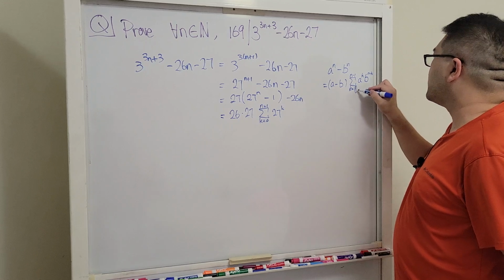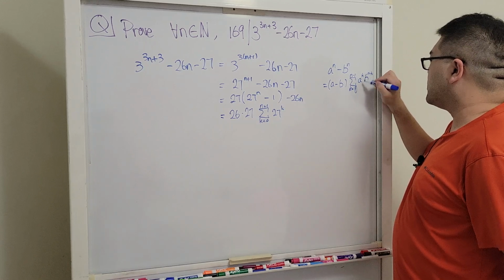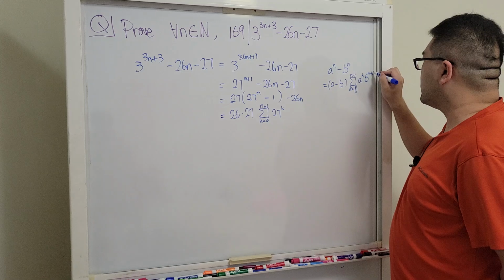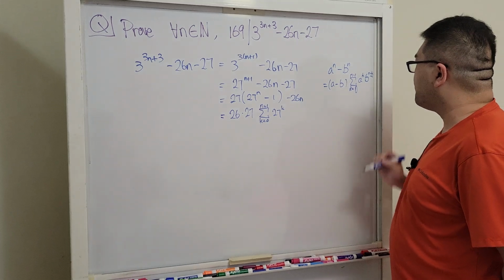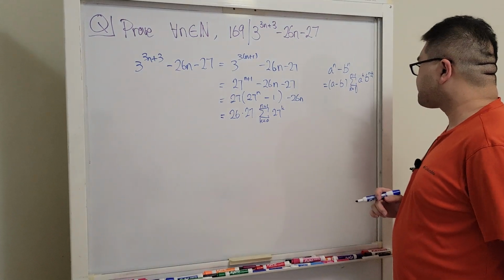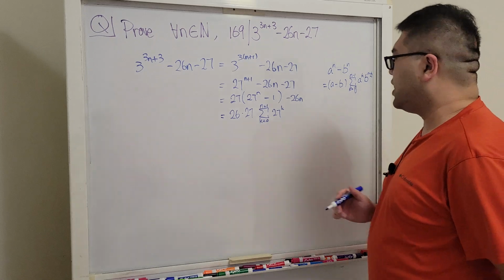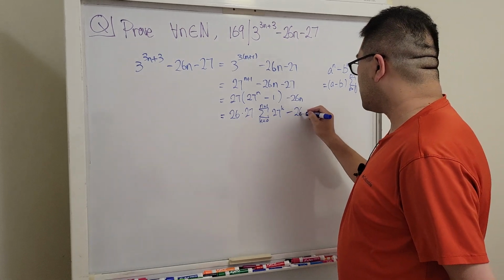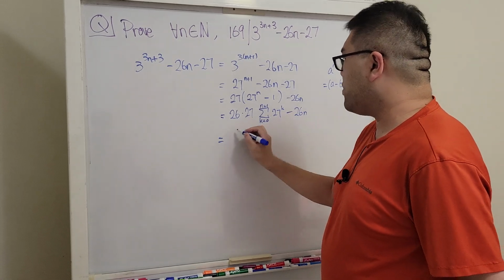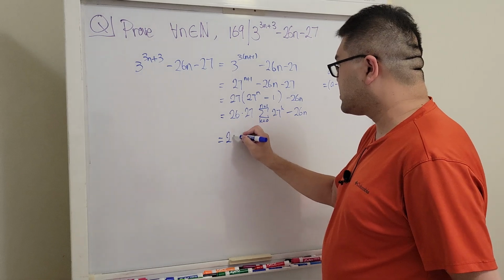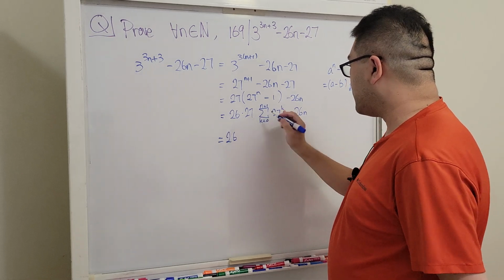Again, there's a mistake here. This should be n minus 1 as well. Then we will still have a minus 26n here, and then we can factor out the 26 to get the remaining part.